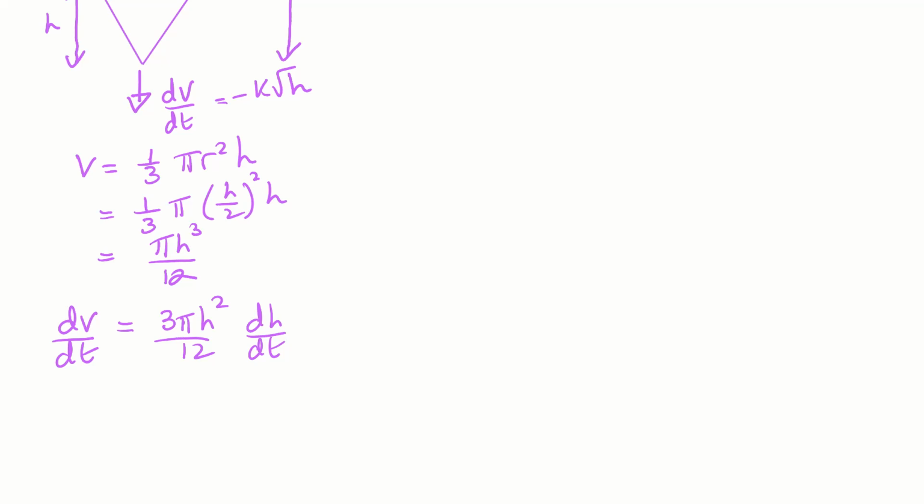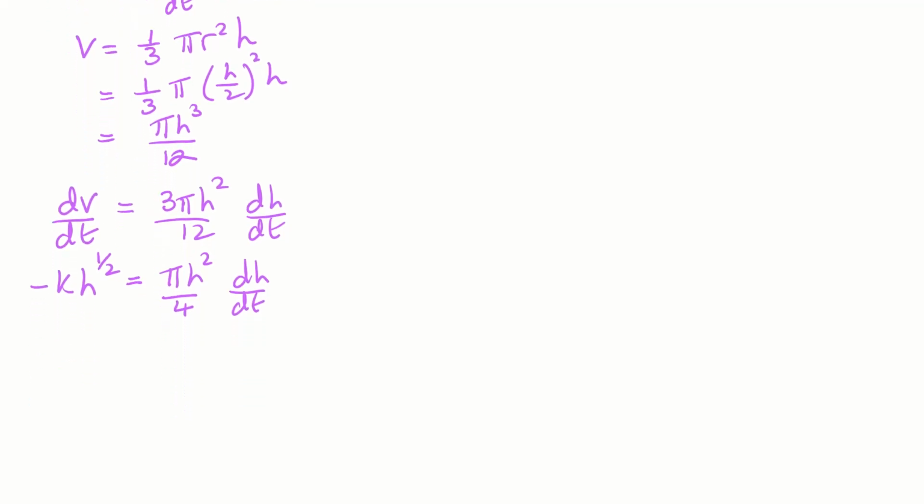But we know that dV/dt is negative k root h. So negative k h to the half is going to be equal to pi h squared on 4 dh/dt. Now we can simplify that, just moving some constants around, dividing both sides by h to the half, which gives us h to the 3 on 2 dh/dt equals negative 4k on pi.